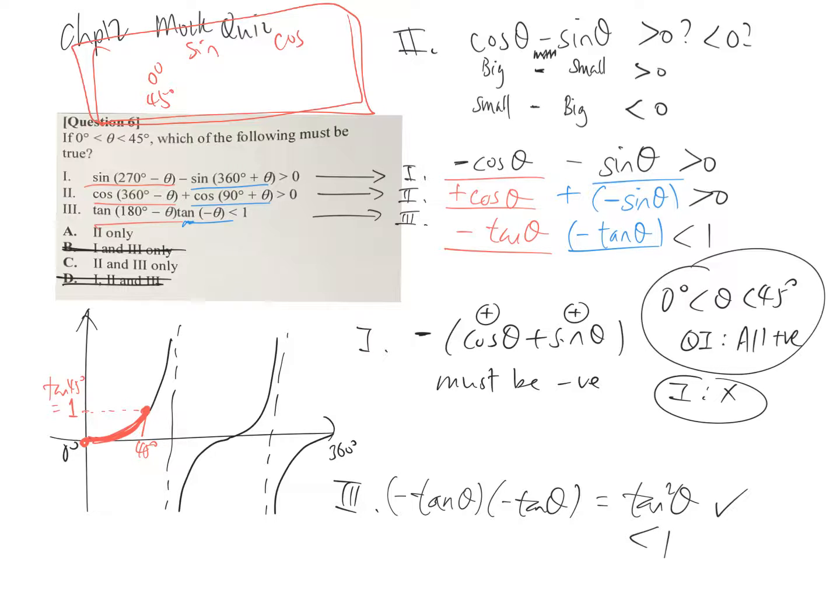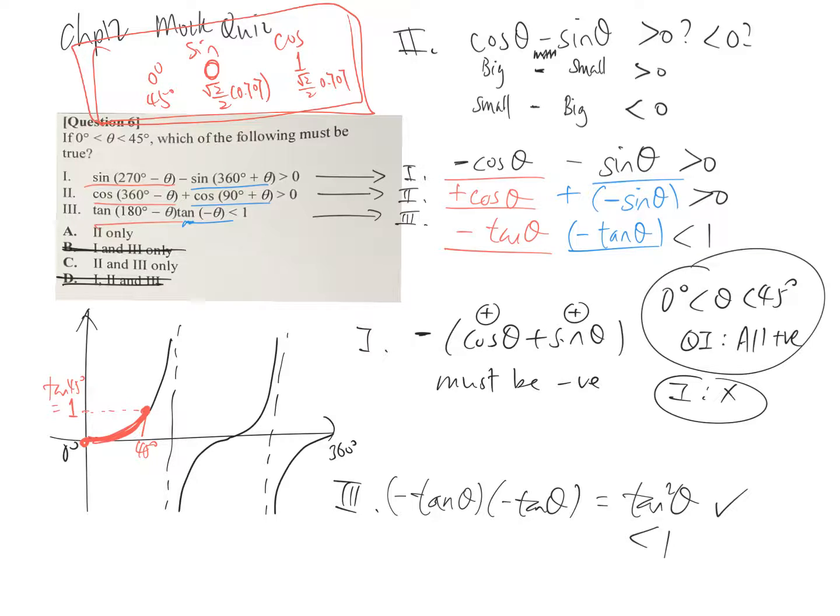You check by calculator or recite the table. Sine 0 degree is 0, sine 45 degree is root 2 over 2, or 0.707, and cosine is 1 and root 2 over 2, also 0.707.